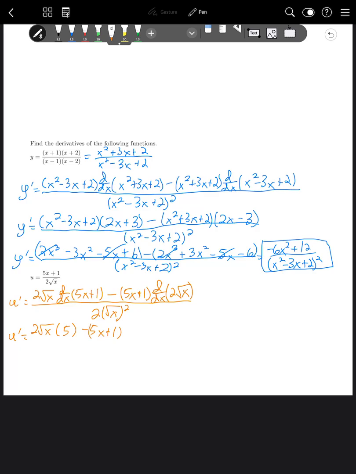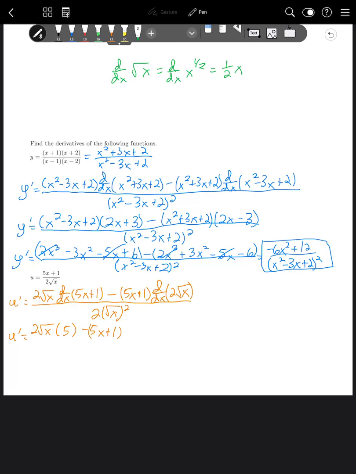Okay, now here's a derivative we haven't dealt with yet, the square root of x. So actually, up here where I have some extra space, let me just go ahead and talk about the derivative of the square root of x. So that's the same thing as the derivative of x to the 1/2 power, right? That's how we write roots using exponents. And so now we can just use the power rule. So we bring the 1/2 out in front and we subtract 1.